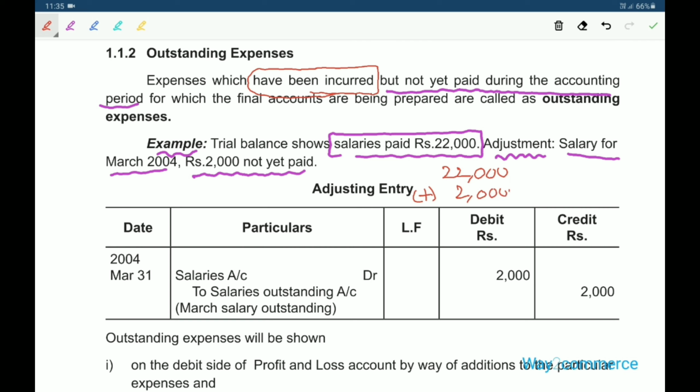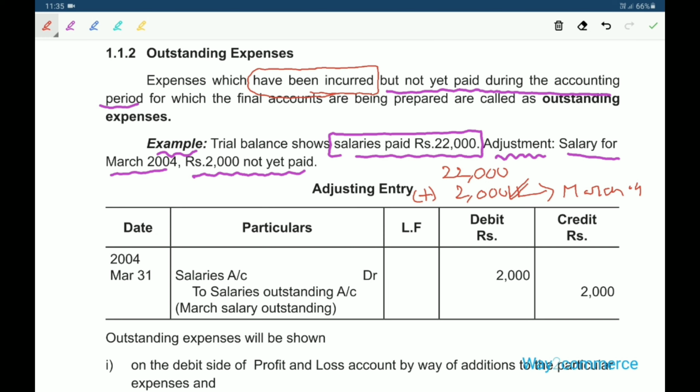That means it is an outstanding expense. This 2,000 belongs to this year only, that means March 2014 only. That's why this adjustment should be adjusted in this financial year only.